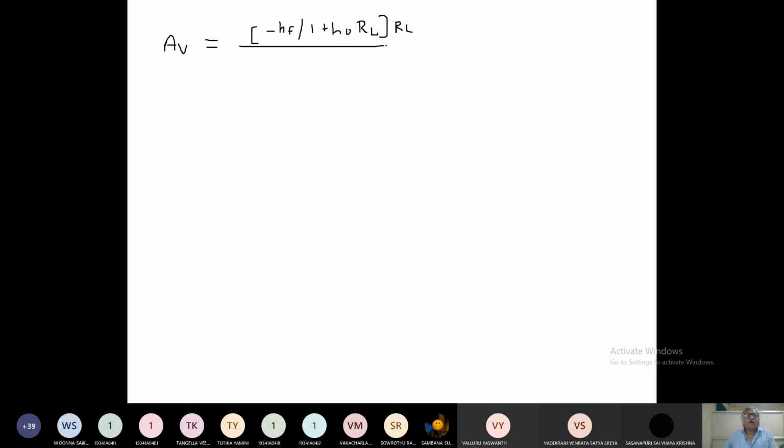We keep numerator as it is, and now we will solve the denominator portion.